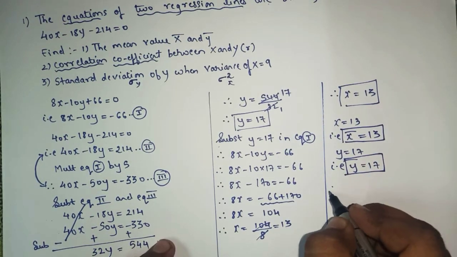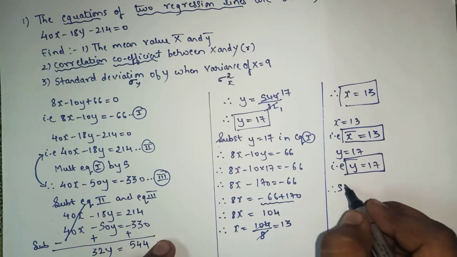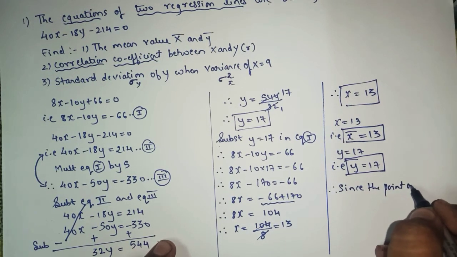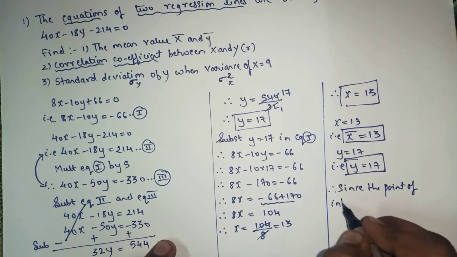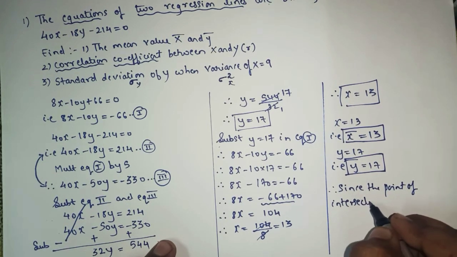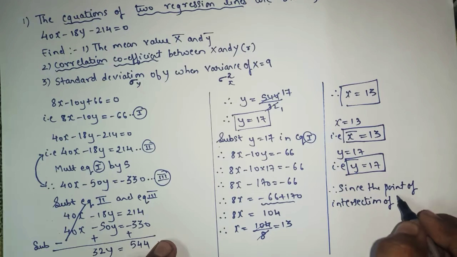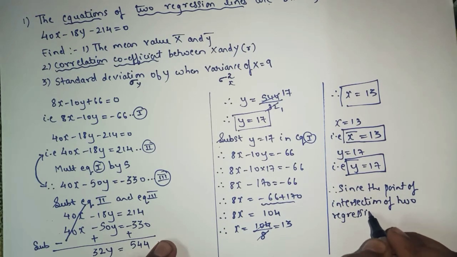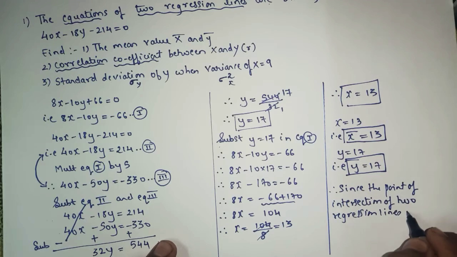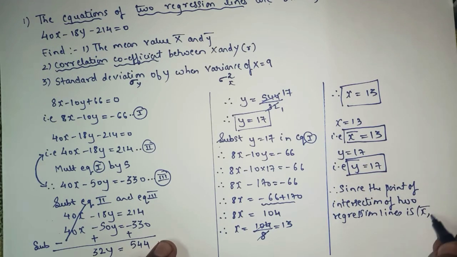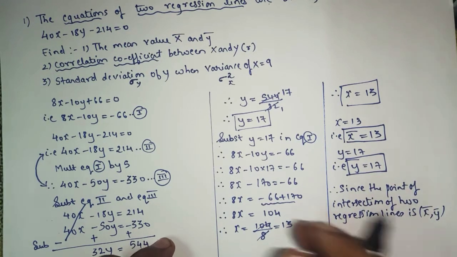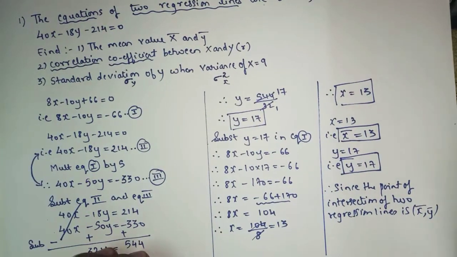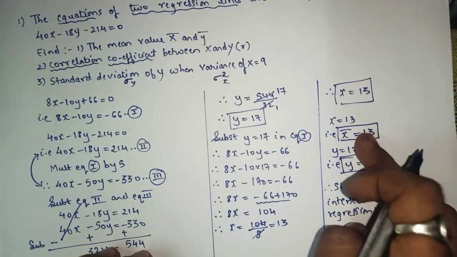Understood? Okay, so here simply one step you will write: since the point of intersection of two regression lines is x mean, y mean. So the intersection between these two will be what? X comma y. So x comma y is actually x mean and y mean.